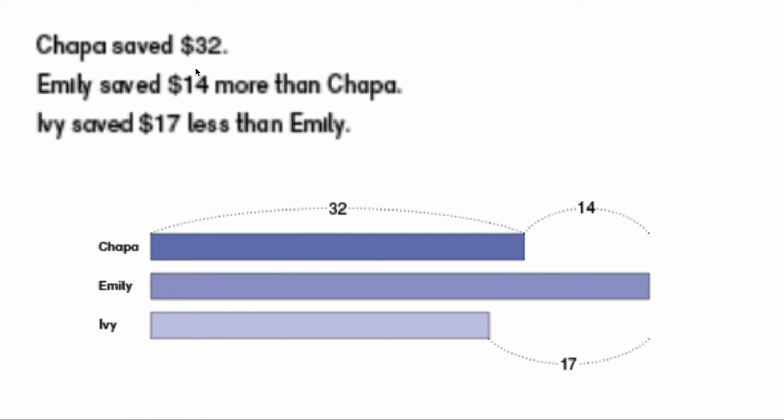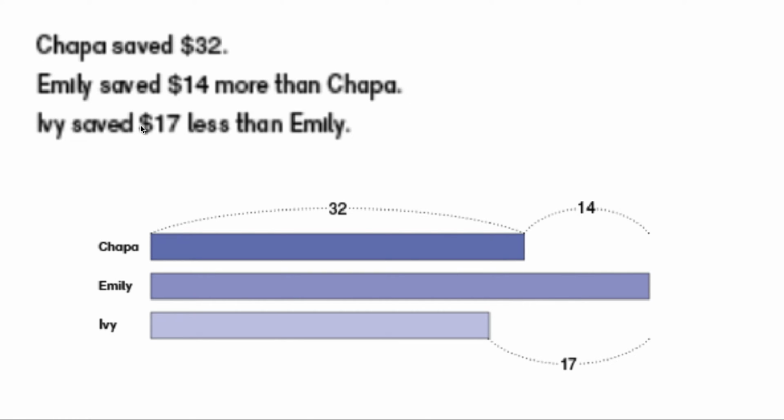Chapa saved $32, so Chapa's money saved is represented by a certain bar here. Emily saved $14 more than Chapa, so Emily's bar should be longer. The difference here is 14, because it's 14 more than Chapa's, right?